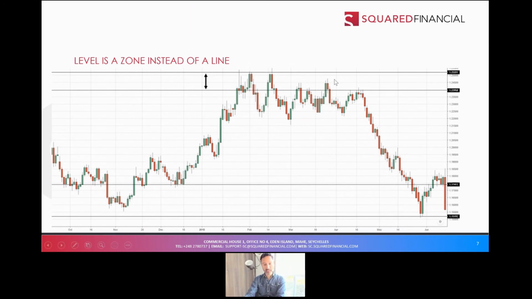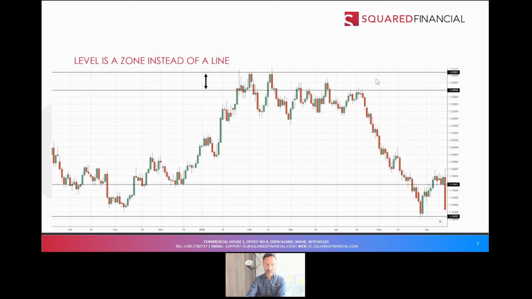Okay, so the zone is something that you will use with time. Don't use it now, because what happens with the zone is very, very tricky. You will put a resistance level, let's say here at 29, this is 23.95, and the next is very high, much higher. And so your stop will be much higher, obviously, and your loss will be much bigger. It will affect you psychologically, and it will hurt you, and you will be angry.